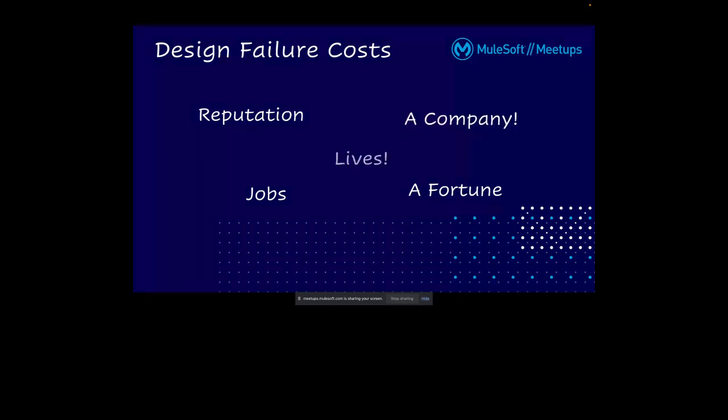It can also cost lives: bridge failures, aircraft failures. It cost lives, and that was all design. Due to a design issue, there was some Airbus, I think 370 or 360, and they had to ground all the aircraft. There is a French airliner, the Concorde, and that aircraft had to be grounded because it was very unsafe, it caused a lot of pollution and a lot of sound.